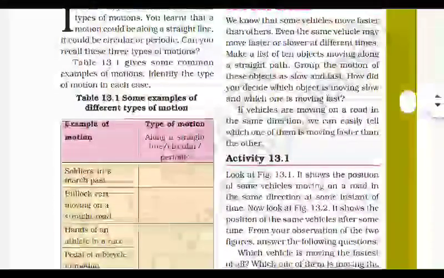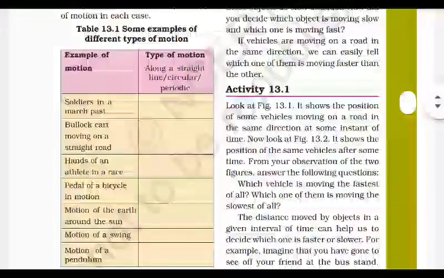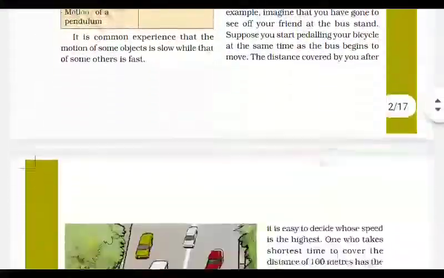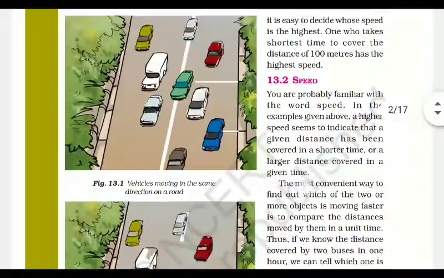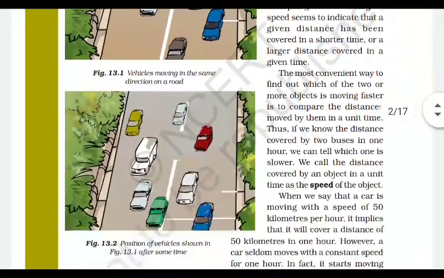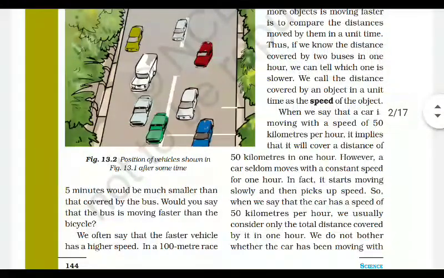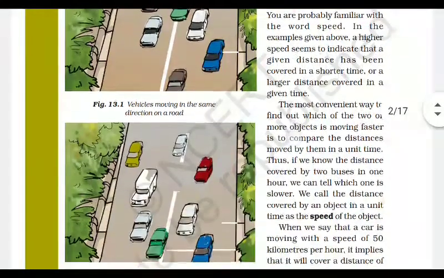If vehicles are moving on a road in the same direction, we can easily tell which one of them is moving faster than the others. In Activity 13.1, there is a picture given, 13.1, to compare the vehicles on the road after a period of time, which is 5 minutes, and then you have to find out which vehicle is moving faster.